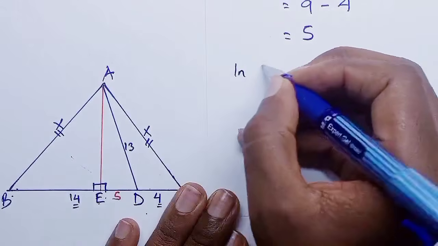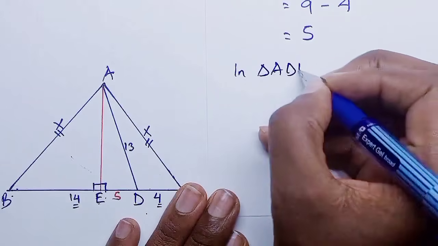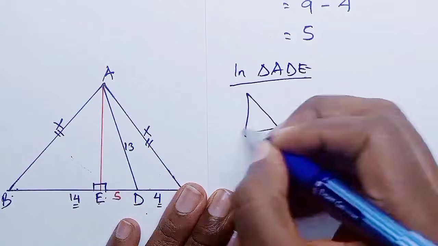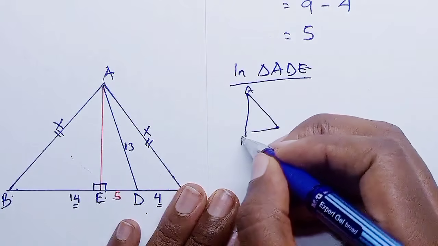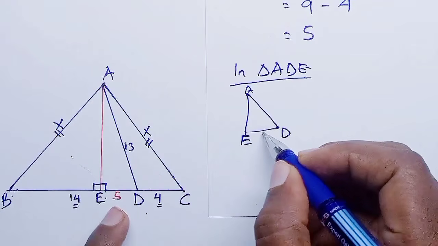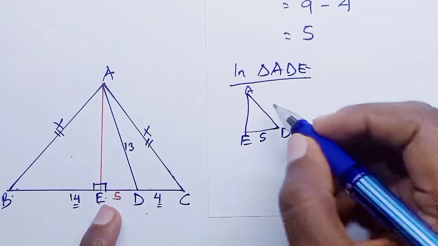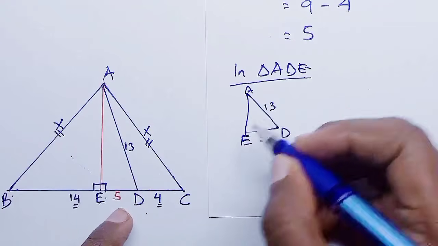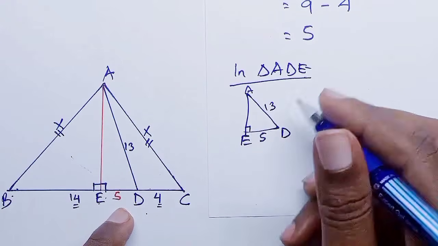Now, in triangle ADE, so this is A, this is E, and this is D. We've established this as 5, and we have AD as 13. This is a right triangle.